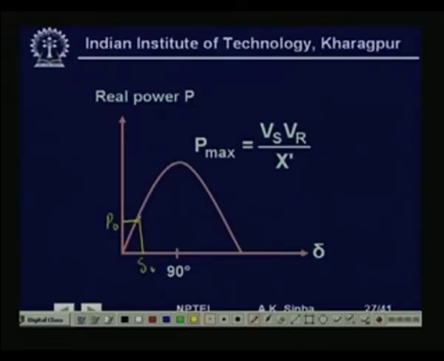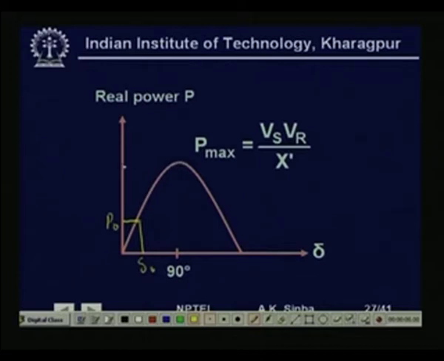If we keep doing this, delta angle will keep increasing, and as delta angle increases, the electrical power output also increases. So, the mechanical power and electrical power become equal and the machine will be operating in the stable region.